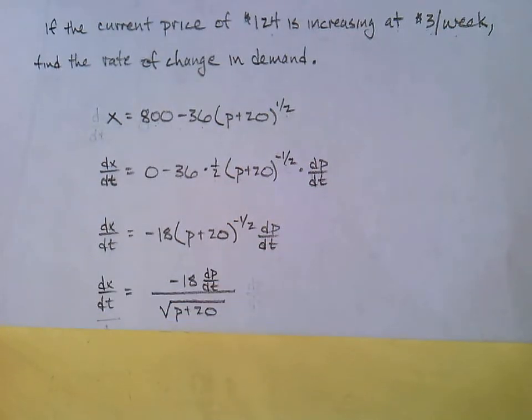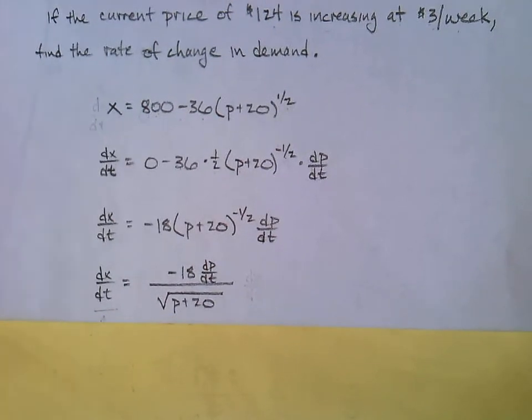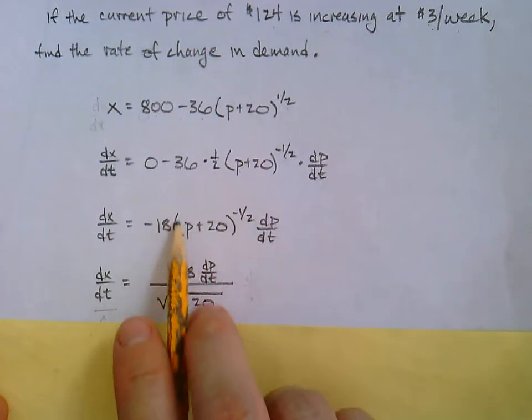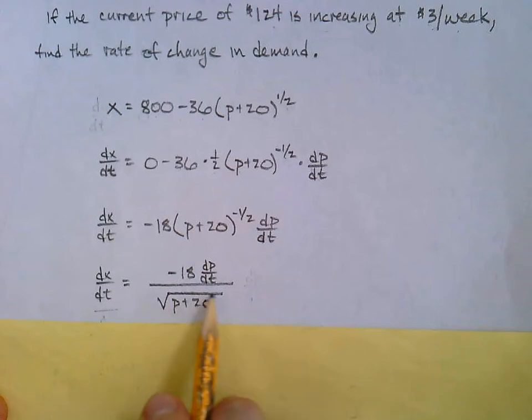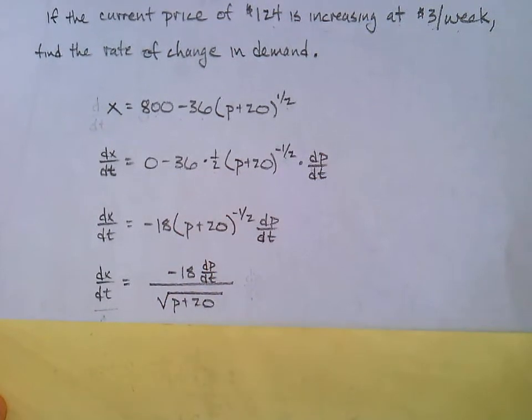So I recommend rewriting it this way, where that drops into the denominator and even turn it back into a square root. So negative 18 dp over dt in the numerator, and in the bottom square root of P plus 20. Makes it a little bit easier to work with the algebra looking at it that way.